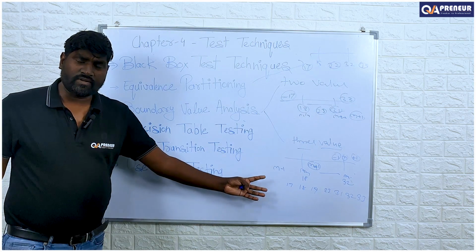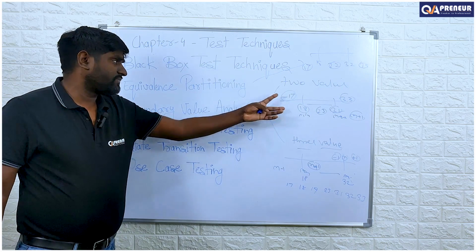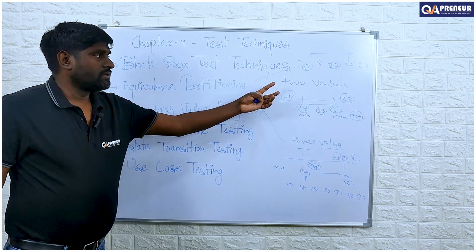So the number of test data for three value data is 7, and for two value data is 5.